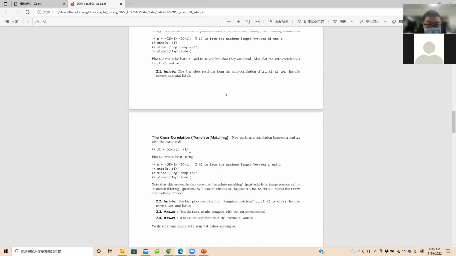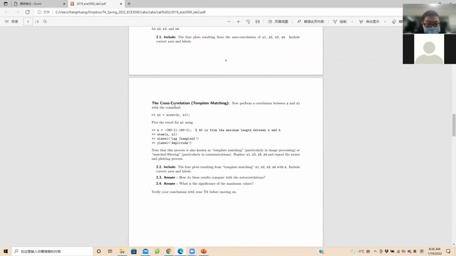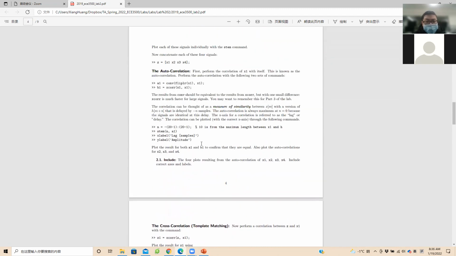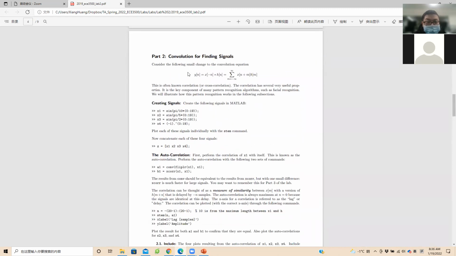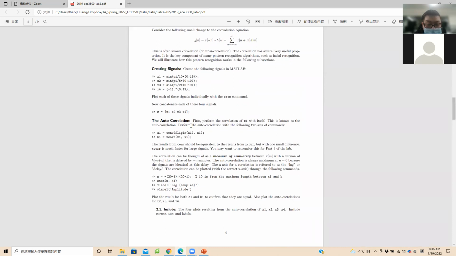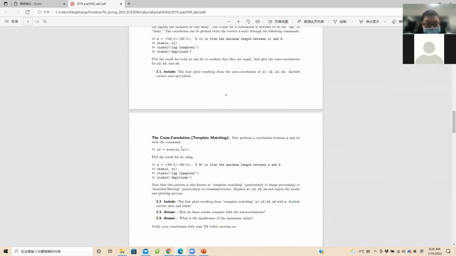So what I want to say is that cross correlation is just like autocorrelation, and the difference is that we just replace the input signal with different signals.